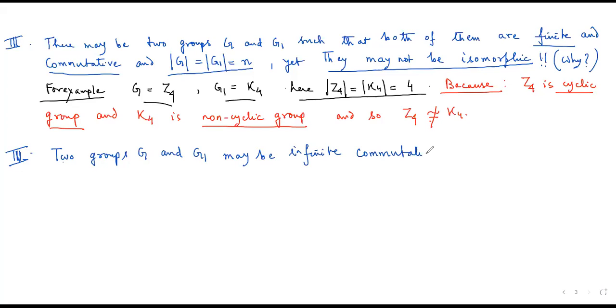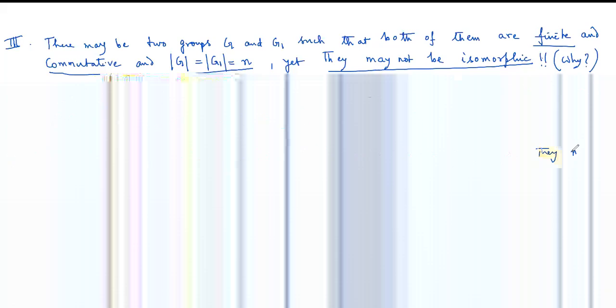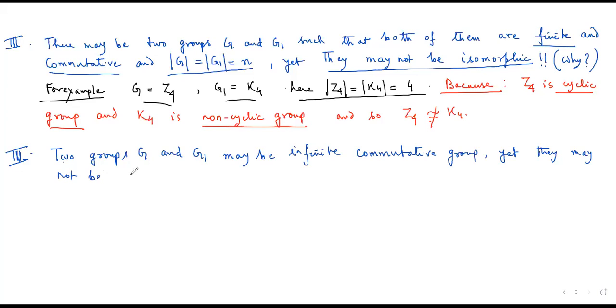Two infinite commutative groups are now being considered. Yet they may not be isomorphic to each other. Why?